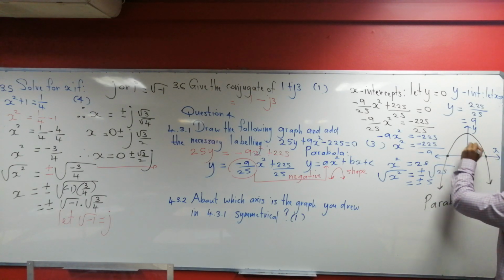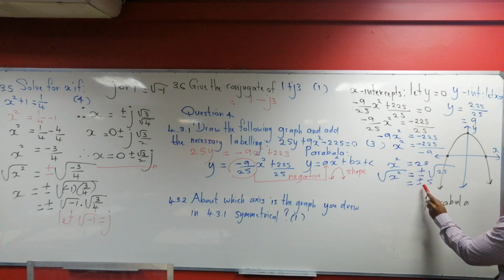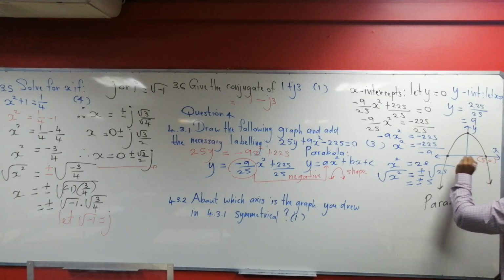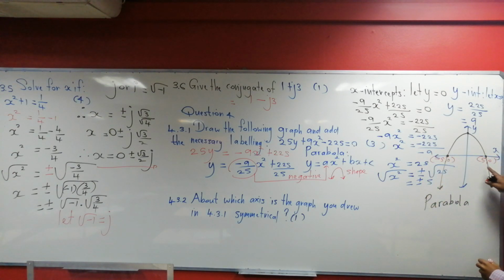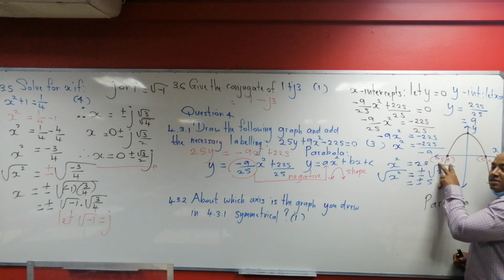What are the x-intercepts? What are the y-intercepts there? X-intercepts, we just found them here. You can see that. So that's 5 and negative 5. On the x-axis, y is equal to 0. You should start labeling your x-intercepts and y-intercepts in terms of coordinates.